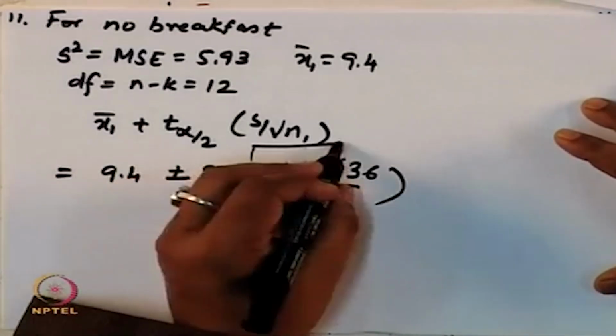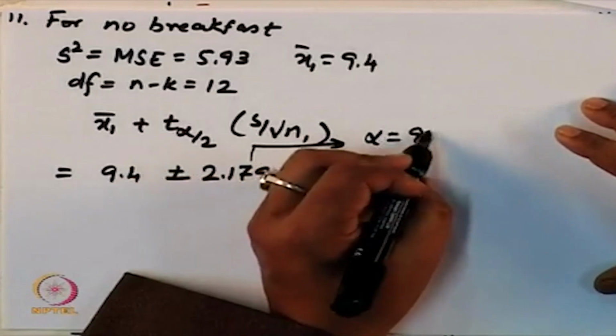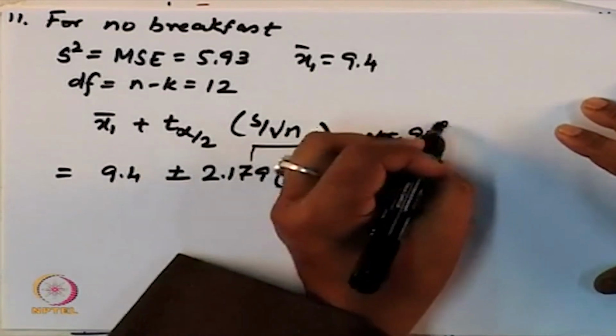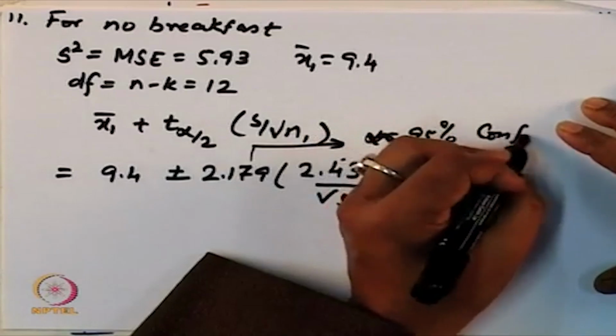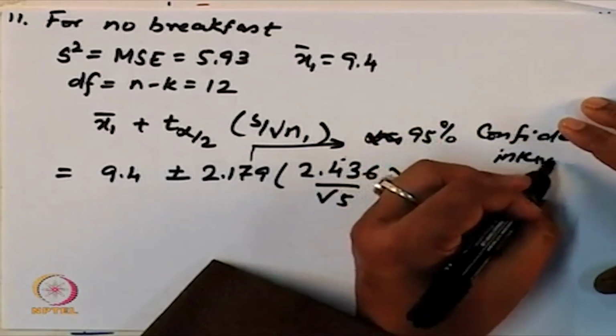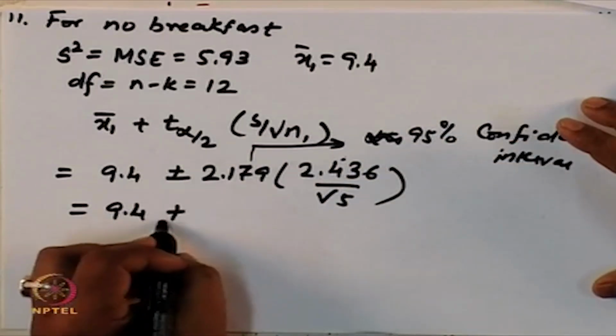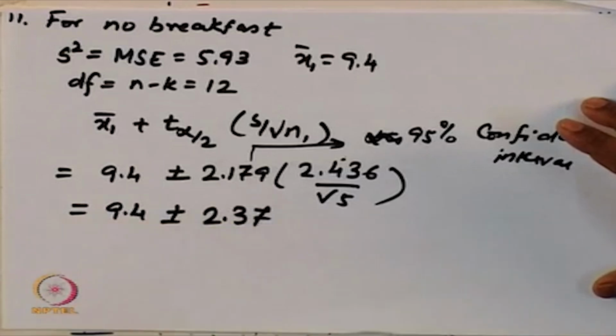So, this is the confidence interval corresponding to 95% confidence. So, this would come out to be 9.4 plus minus 2.37.